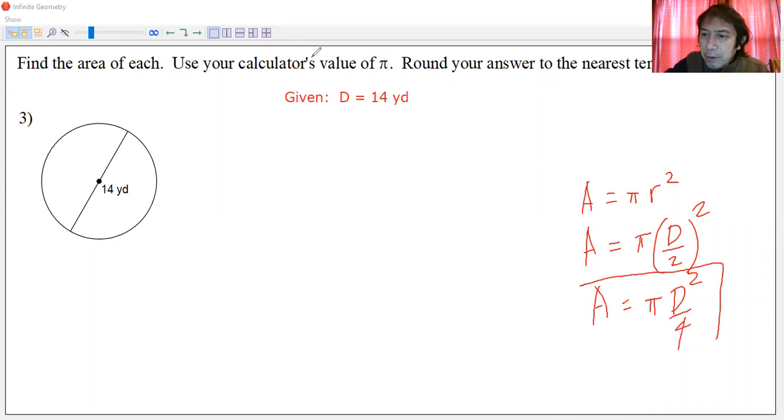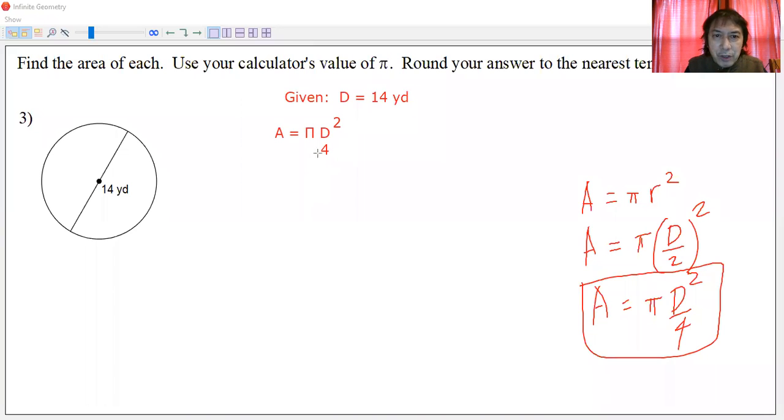We shall make use of this to find our area. Area is equal to pi, and then we have d squared over 4. This number on top indicates squared.